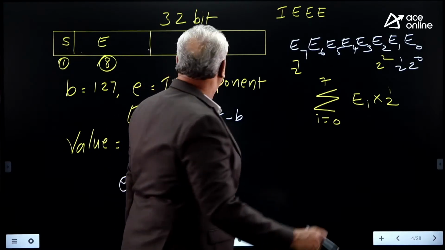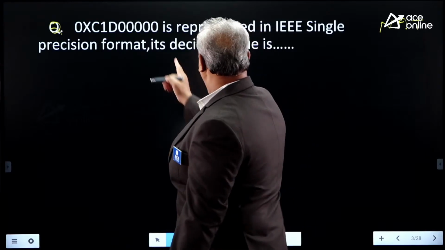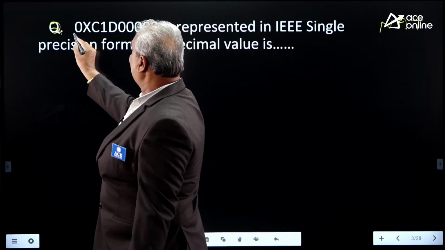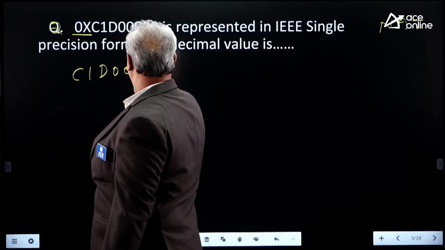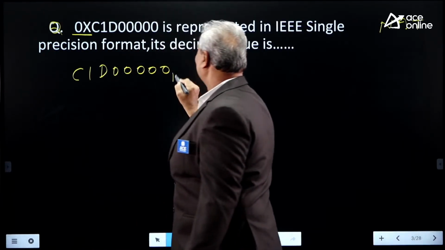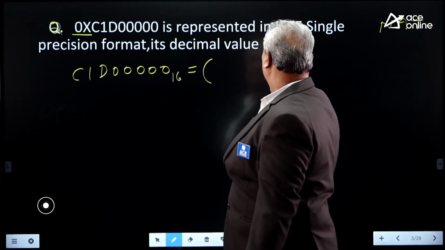Now, if you observe the given data, 0x represents hexadecimal notation, so C1D00000 is in hexadecimal. Convert it into the equivalent binary.